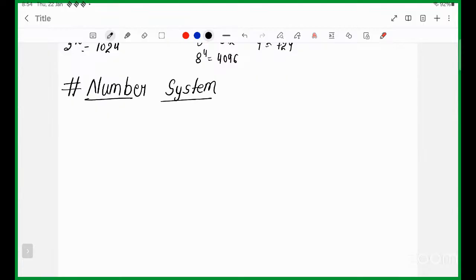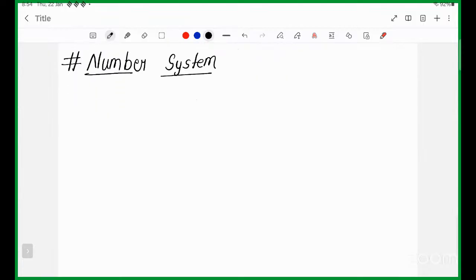First we will see divisibility, because there are so many questions which are asked from divisibility.